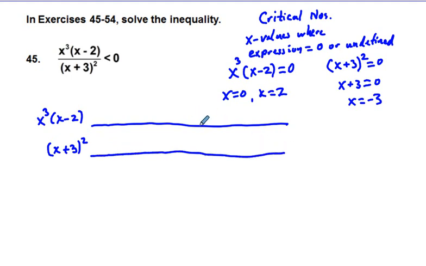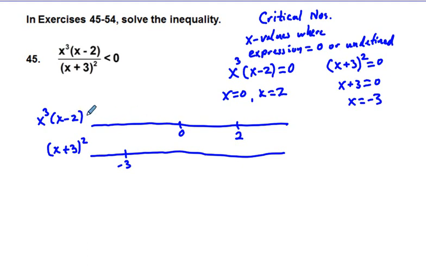And then we mark on the number line the critical numbers, and we try to keep them in relation to each other. And so negative 3 is the lowest critical number, which I'm going to put here in the denominator chart. And then for the numerator we have x equals 0 and x equals 2. So those are the three critical numbers we're going to use to help us evaluate the situation here.